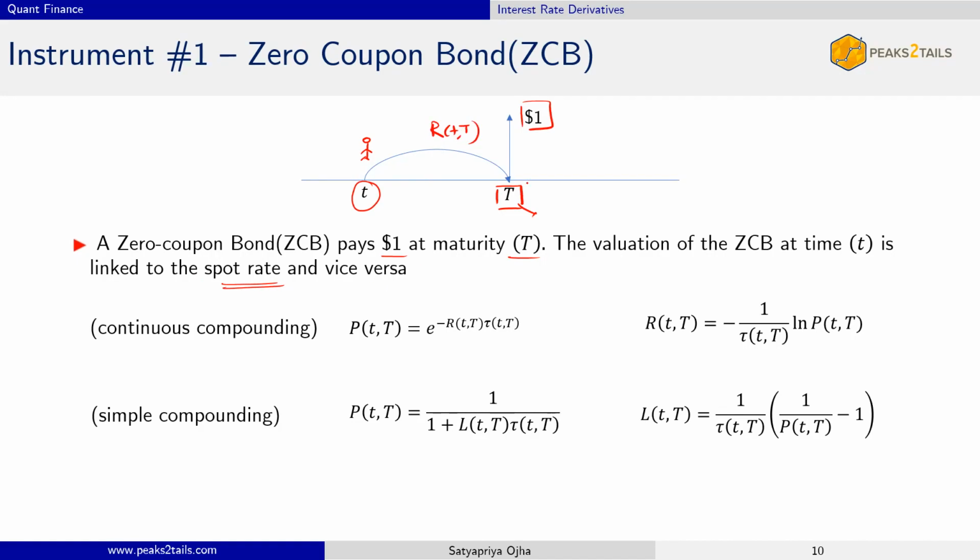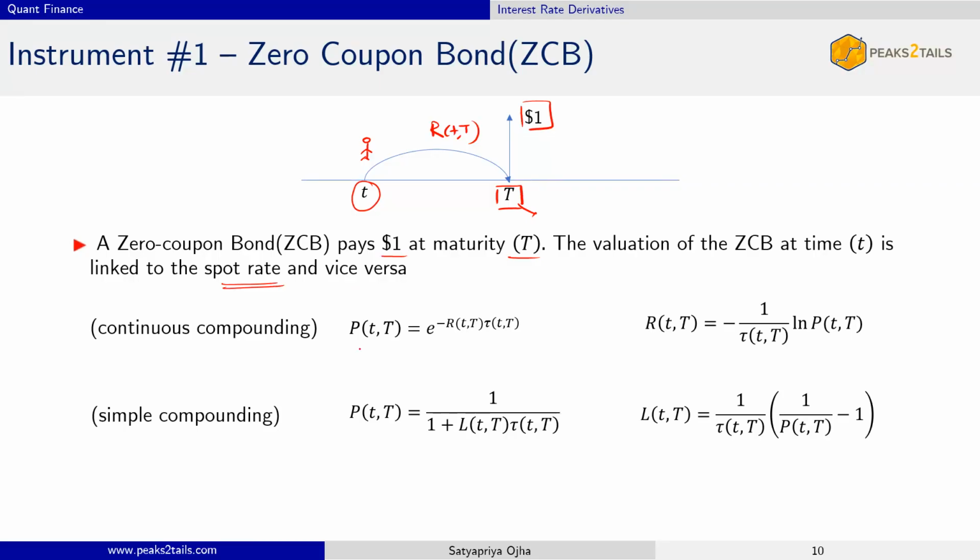And vice versa. That means the price depends on spot rate, and the spot rate depends on the price. Typically in the market, you see the prices of zero coupon bonds, although they are not that liquid. But let's pretend that there are a lot of zero coupon bonds being traded in the market with different maturities. You can extract the spot rates from those prices.